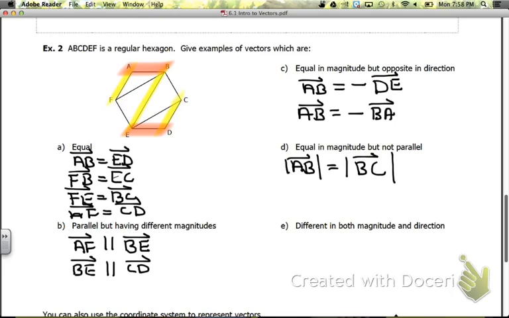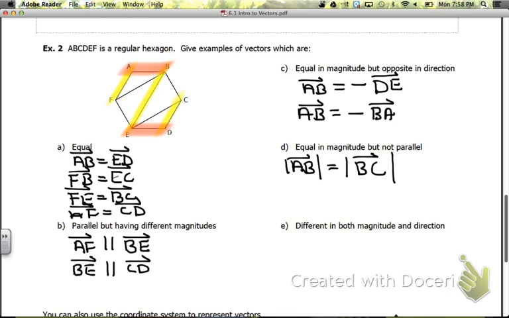So what about ones that are different in both magnitude and direction? So what vectors here are larger? So when we're looking at, for example, say BE, BE is larger than any of our other sides here.